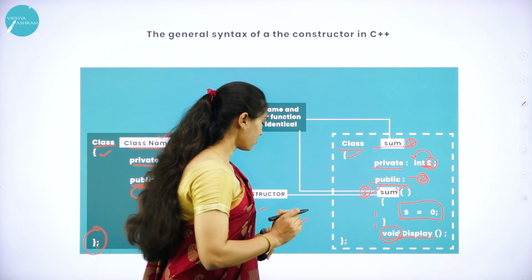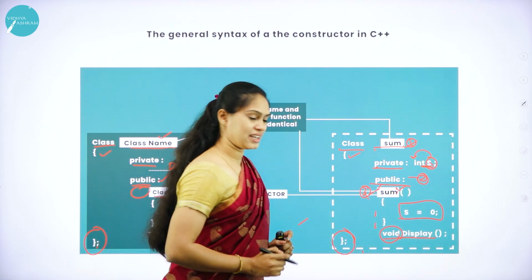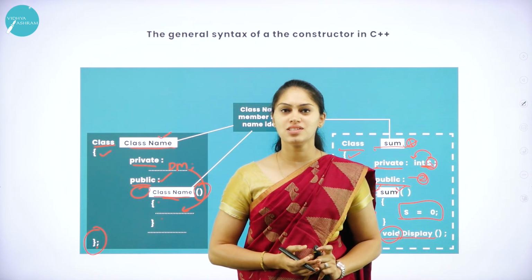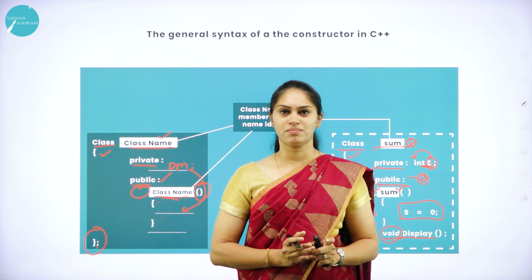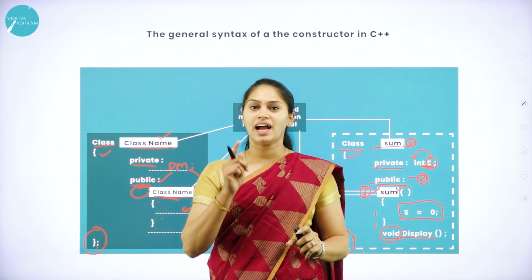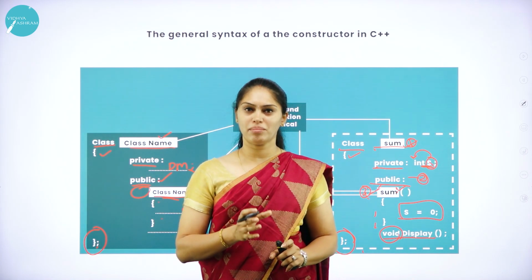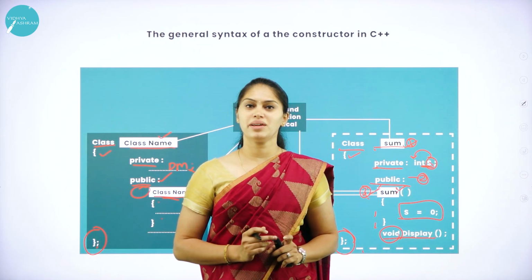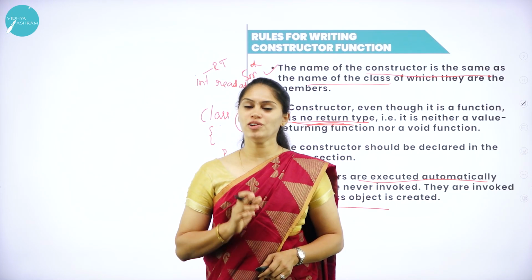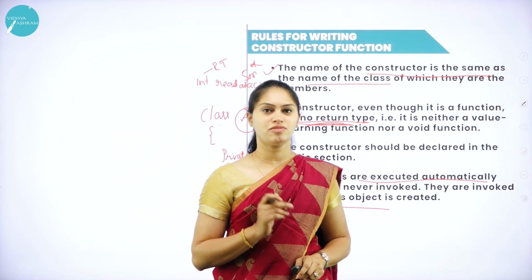Getting? After that, I am going to end the scope of the class. So this is how I use a constructor function. It is mainly used to initialize the data members of a class, it must come under the public section, and it must have the same name as the class. These are the rules you have to follow while writing a constructor function.